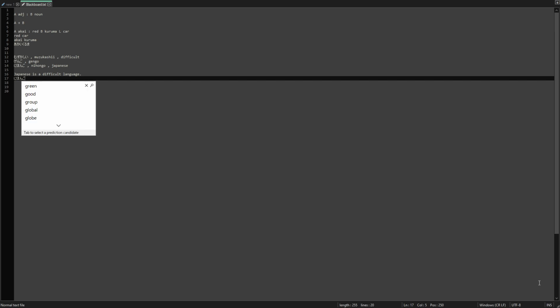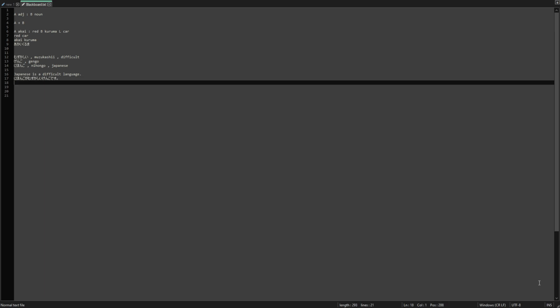The particle ga. And how can we combine gengo, language, and muzukashi, difficult? Easy. We take muzukashi and throw it right before gengo. And that's it.